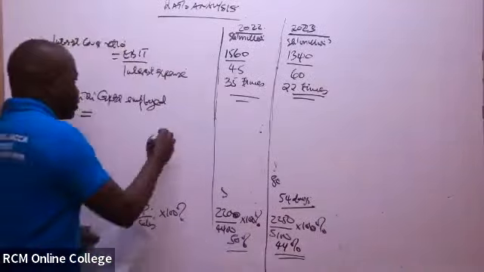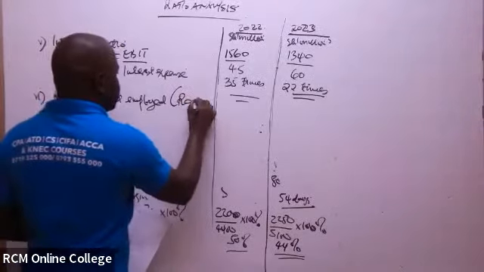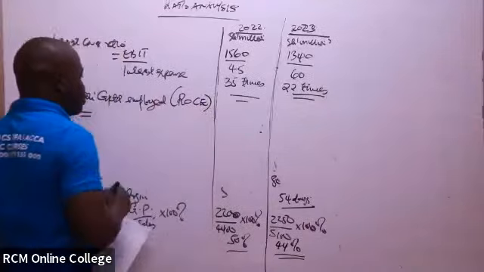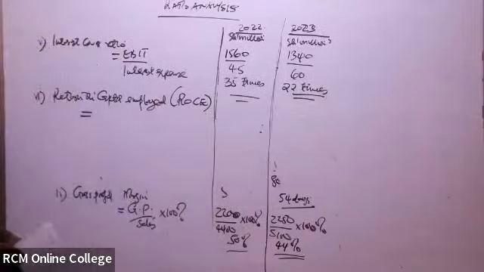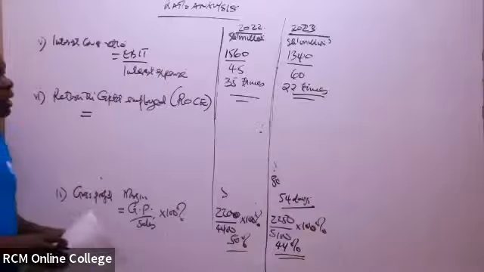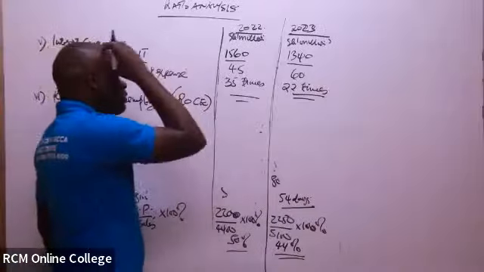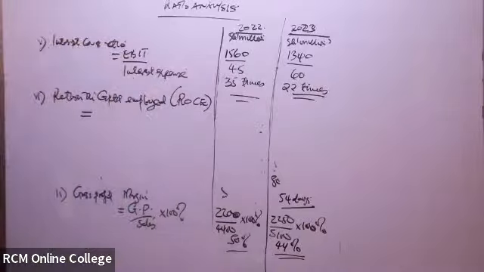Sometimes we call it ROCE. What do you get in this case for ROCE? In 2022, it is 34.6. We can round off to the nearest, 35 times, no problem, and the other one is 22 times. So what is the formula?